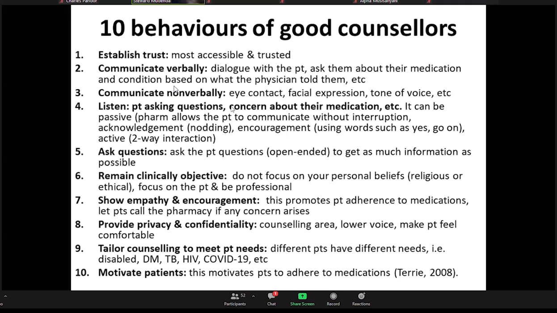Show empathy and encouragement. Now, it also depends on how you show this empathy and encouragement. Show it nicely to a patient or a client. As you show the empathy and encouragement, you are going to encourage this patient to adhere to the medication.